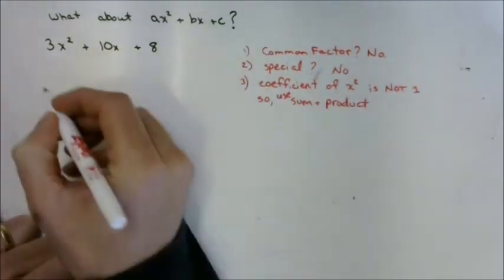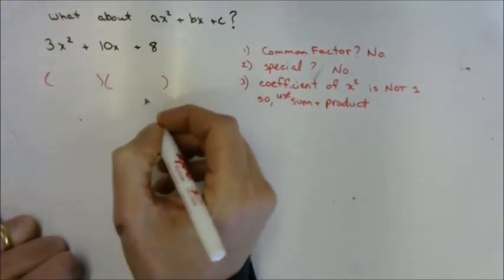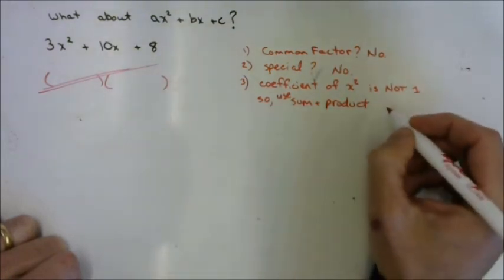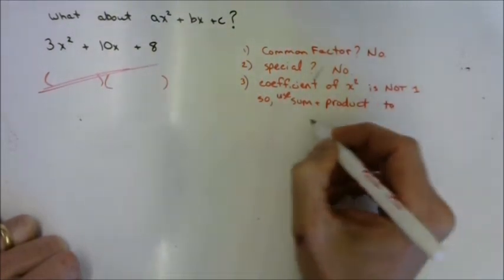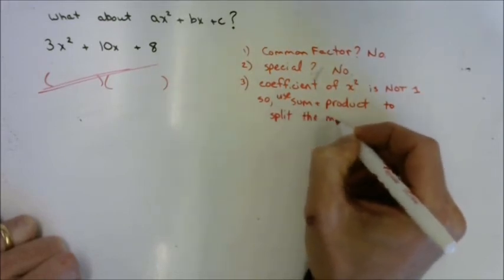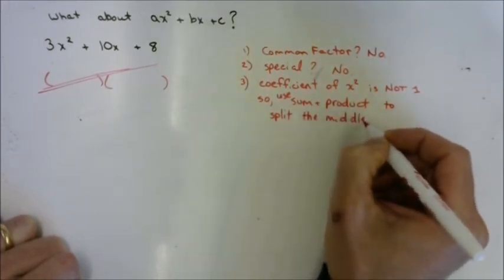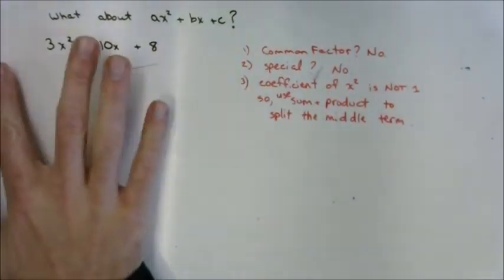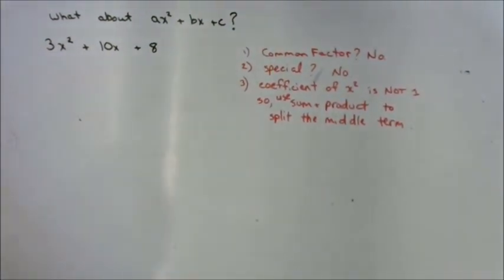But it's not going to get me right down into my nice little answer of two binomials. It's not going to happen this time. Instead, I'm going to use sum and product to split the middle term.